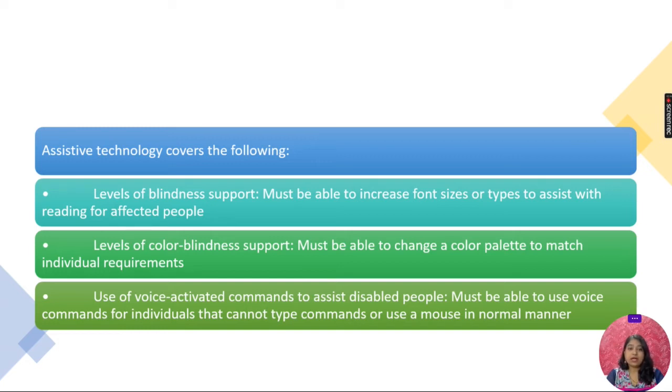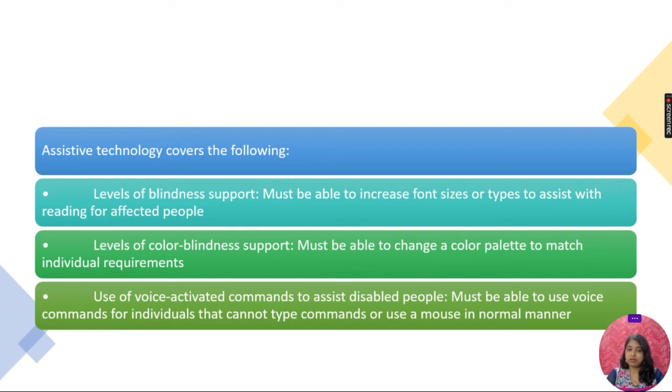Then comes the level of color blindness support. It should be able to change the color palette to match the individual requirements, so that color blind people will also find the system useful. Then the use of voice activated commands should be allowed for disabled people.